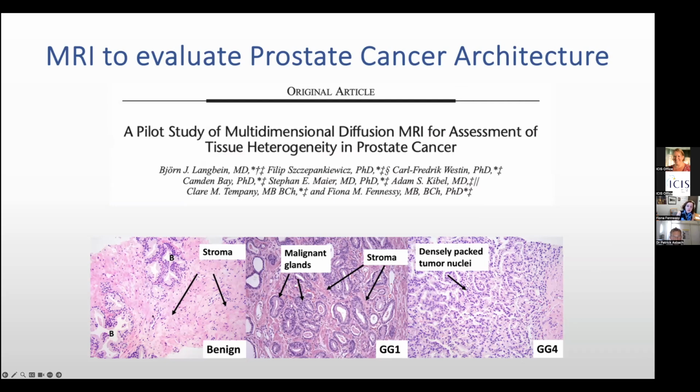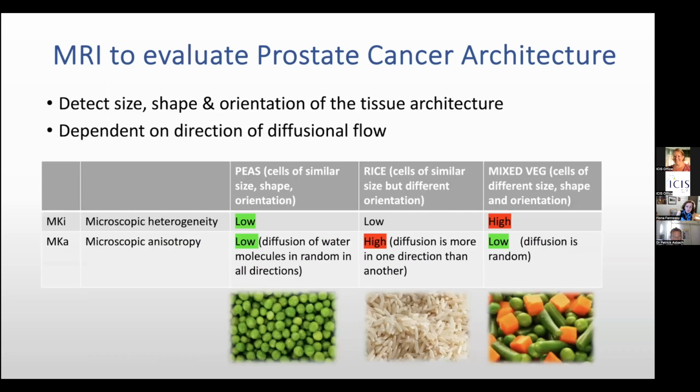So considering what we know about the percentage of stroma and how stroma looks architecturally to a pathologist, can we depict that with different ways of diffusion? Without going into great detail, if you imagine we have a bunch of frozen peas, so the cells are all frozen peas, the water molecules within the pea can rotate in any direction.